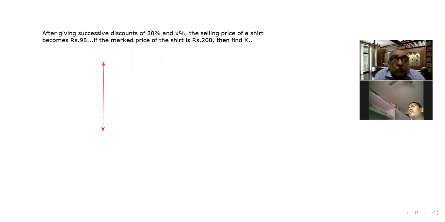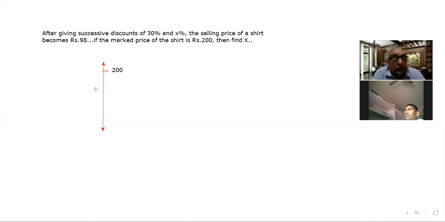Here it is given in this question that the market price is the displayed price, right? The price sticker is on it, so that is called the market price. So the market price is rupees 200. Okay. And now one discount is given of 30%, and the second discount is given equal to X%.